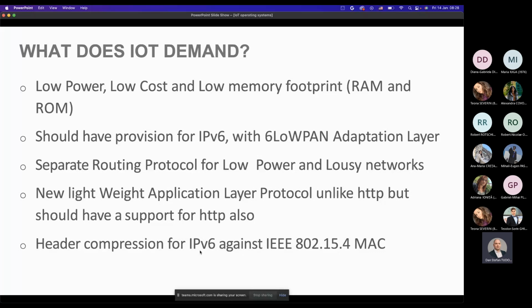For IPv6, you have to have header compression against 802.15.4 because the 802.15.4 MTU is not compatible with the MTU for IPv6. So basically what you're going to be doing is compressing header information data from IPv6 to make it work on 802.15.4 MAC networks.